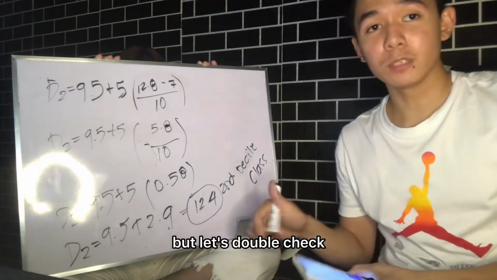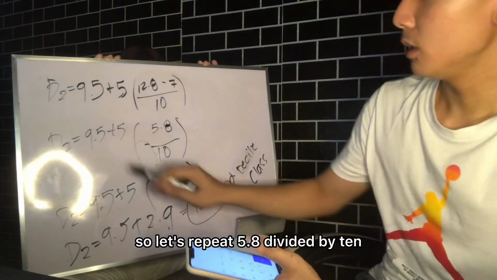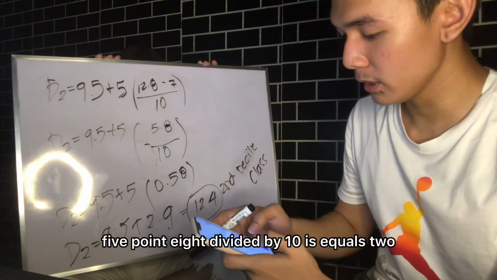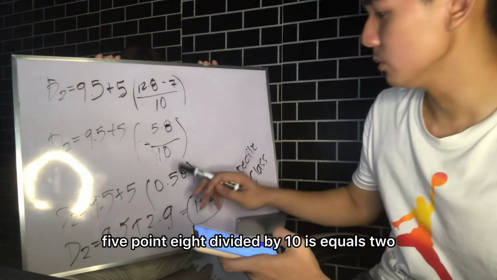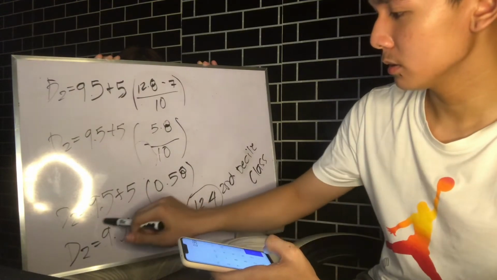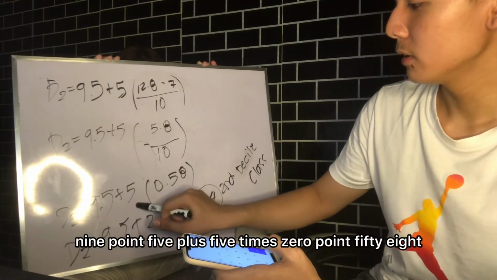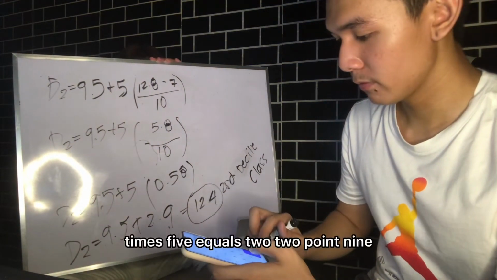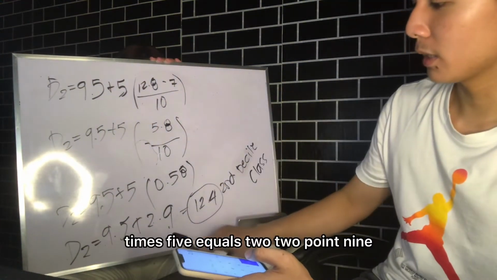But let's double check. So let's repeat. 5.8 divided by 10 is equal to 0.58. Then repeat all the formula. 9.5 plus 5 times 0.58. 0.58 times 5 is equal to 2.9.